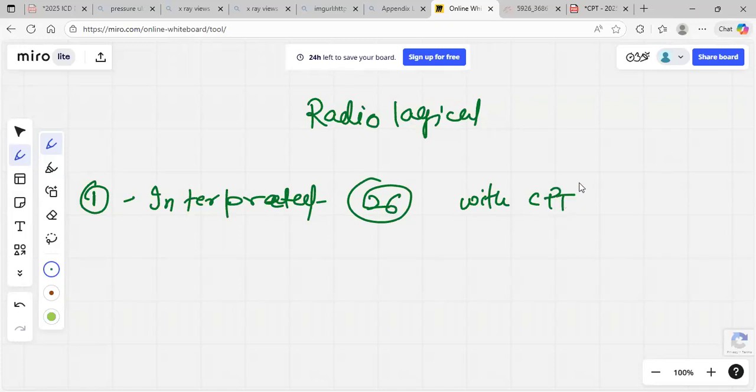Whenever our doctor is just providing their professional skills to interpret that report, we use the modifier 26 to represent that our doctor did not perform the complete procedure.